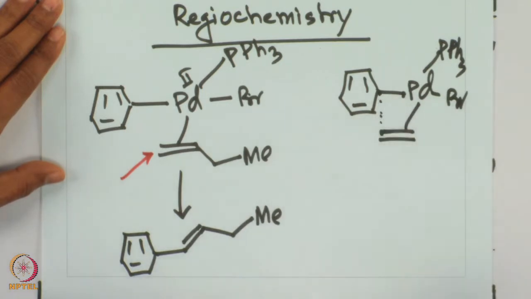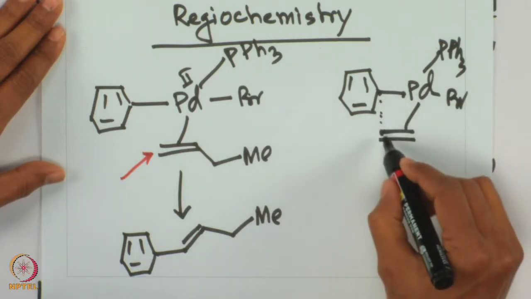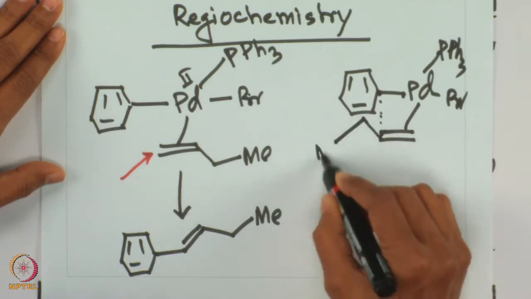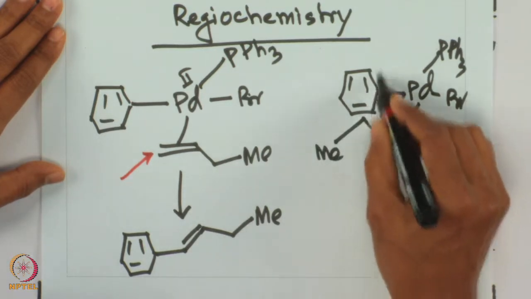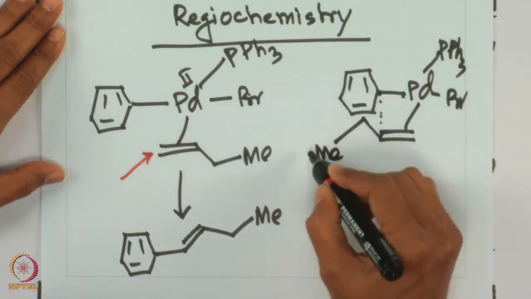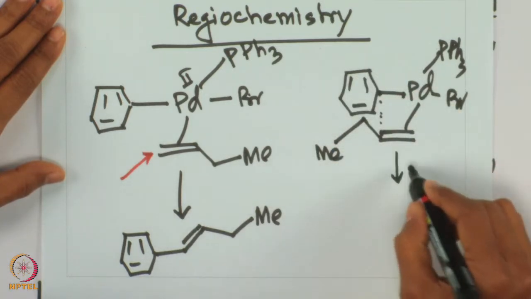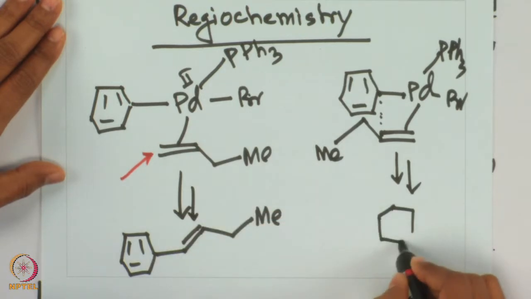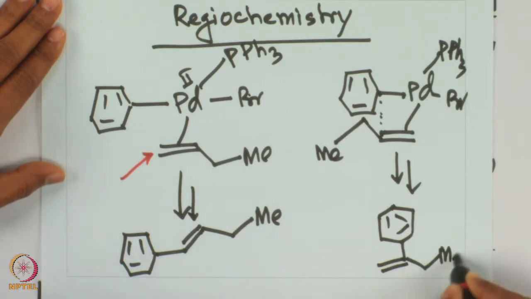Okay. So, let us say that is close to each other, and during that orientation what we see is that this alkyl substituent is bumping into the aryl ring, right, and therefore we are going to get this product formation, and that is going to be something like this, right.